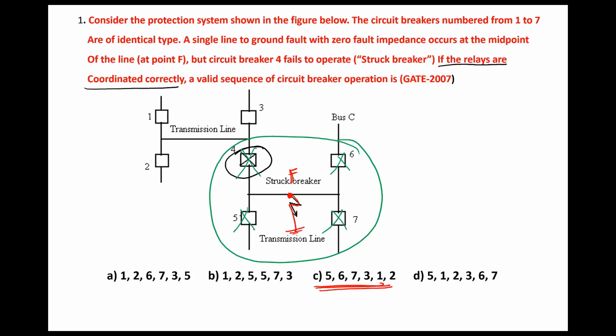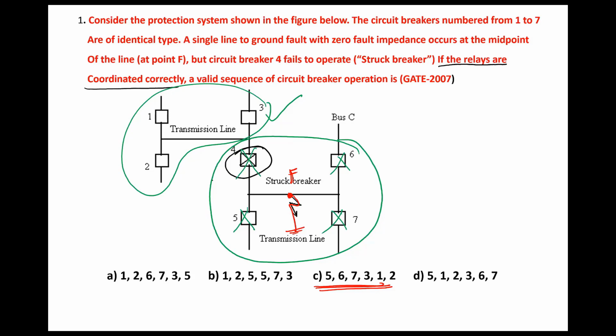Otherwise, the fault will not clear. Understand? So if 4 fails, what is the backup of 4? 3 is the backup. If 3 fails, then definitely 1 and 2 should trip. Sorry, all these 3 should act as a backup.